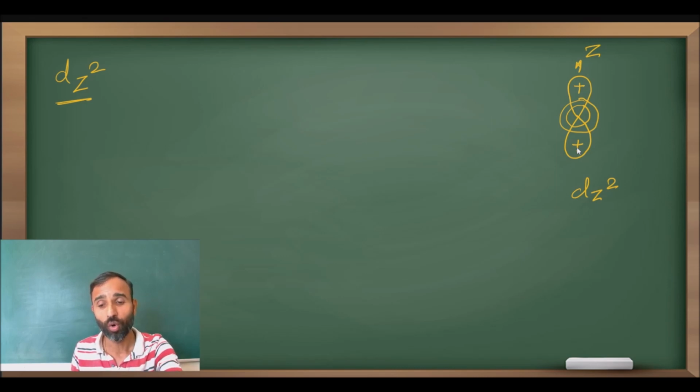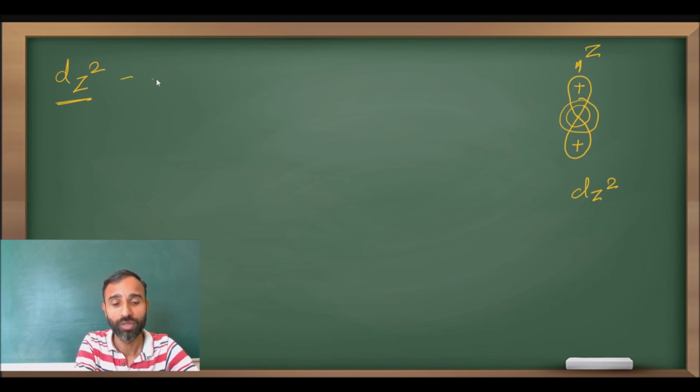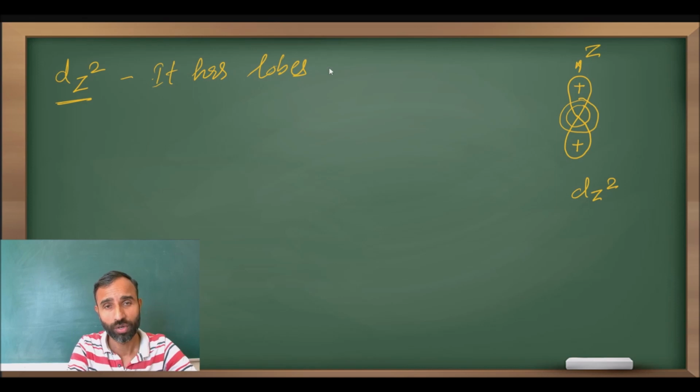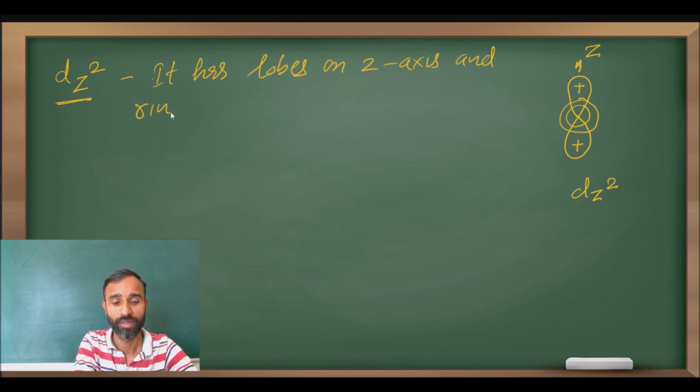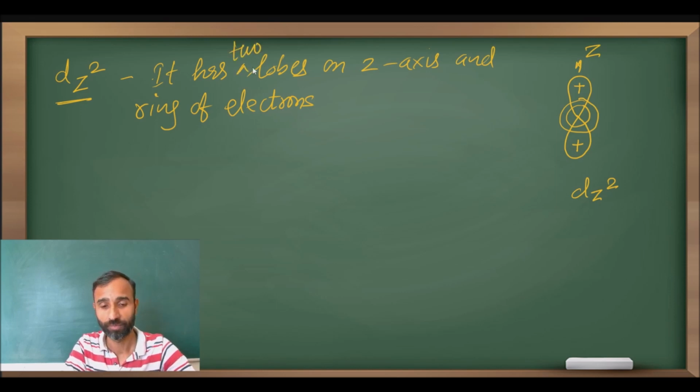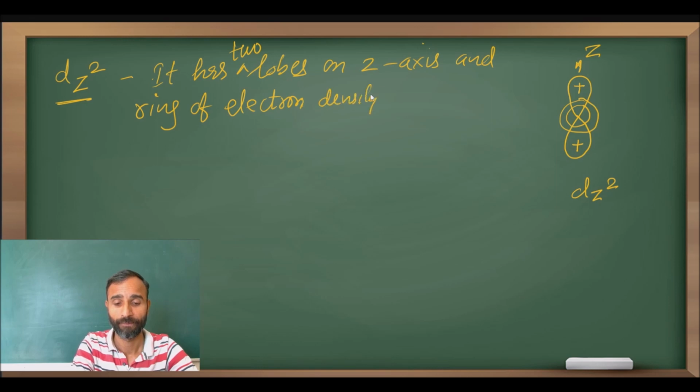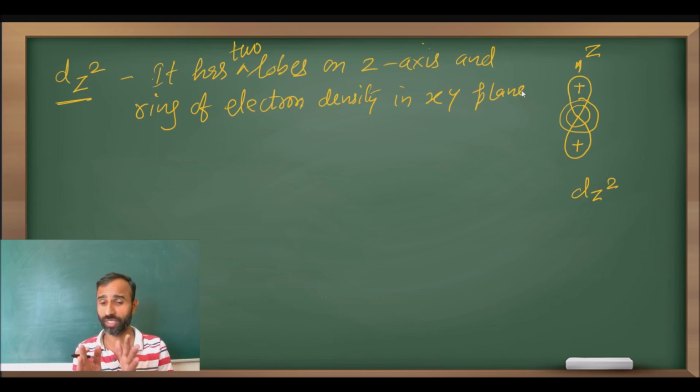If we talk about the shape of dz square, it has 2 lobes on the z axis and a ring of electron density in the xy plane. So see, it is different from the s orbital.